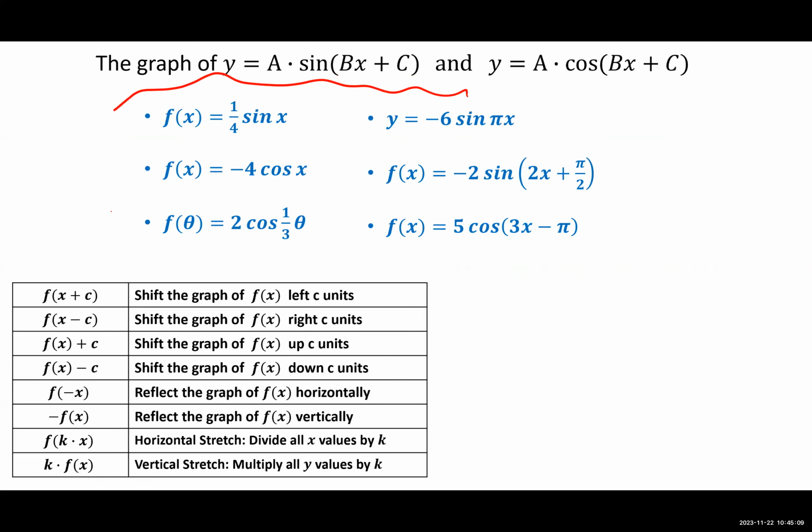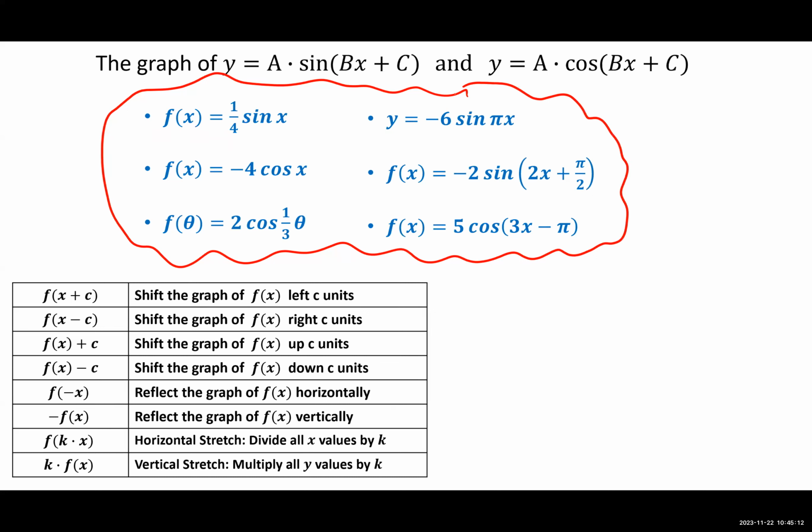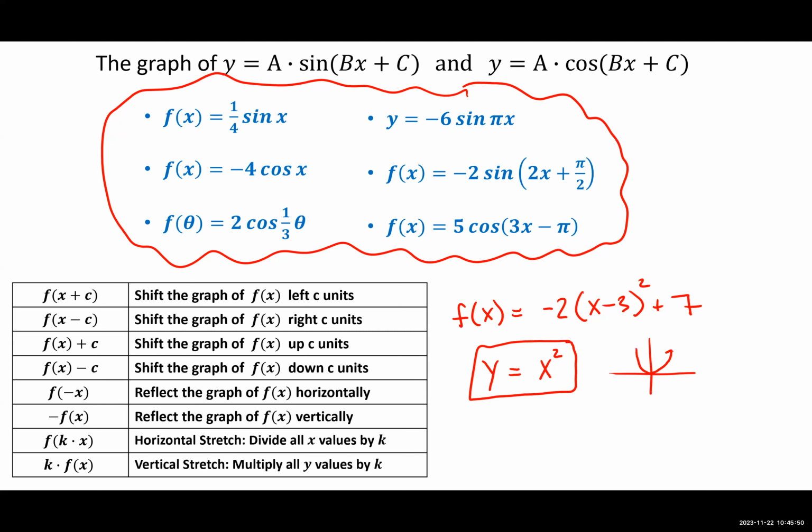Okay, so we are not going to be graphing just these two, sine x and cosine x. We're going to be graphing some more complicated versions of these functions, and we're going to do them the same way that we graphed other functions. In a video many videos ago, when we talked about graphing things like negative 2x minus 3 squared plus 7, we started with the most basic representative of all quadratic functions, y equals x squared, which is a parabola centered at the origin.